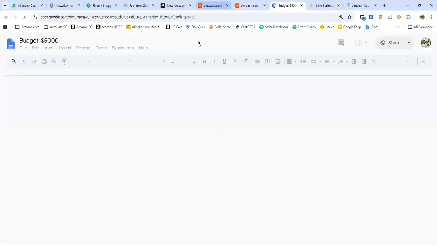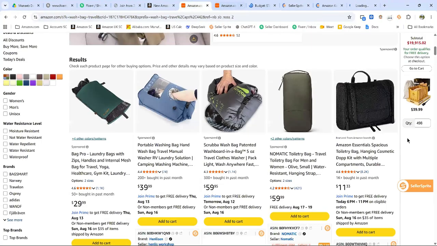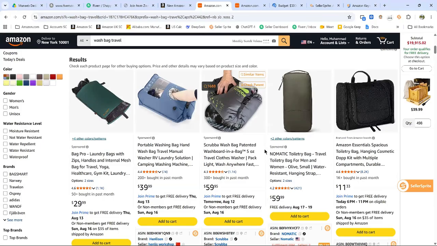Let's go ahead. How do we check it? There are usually experts who check this. There are services on Fiverr where we tell them to check the design pattern, whether this design is patented or not.